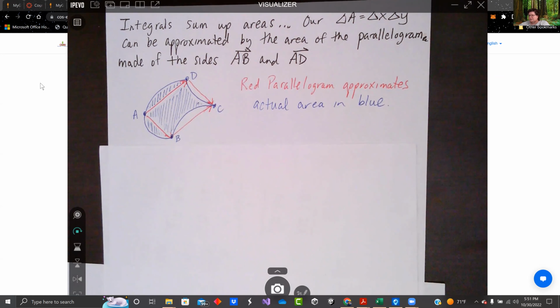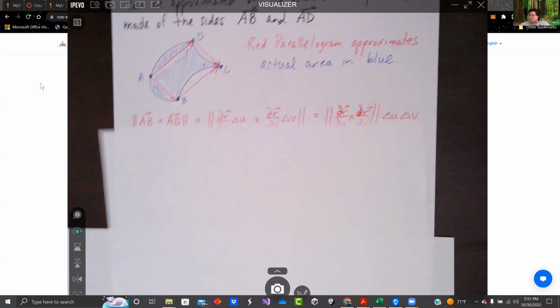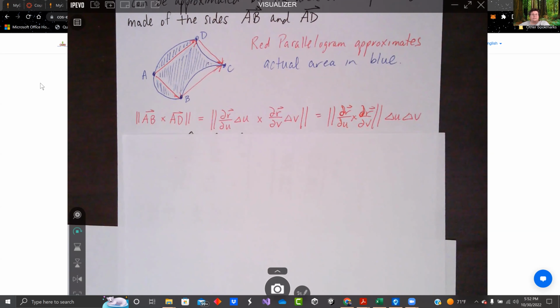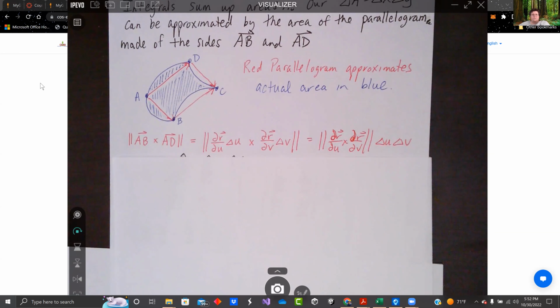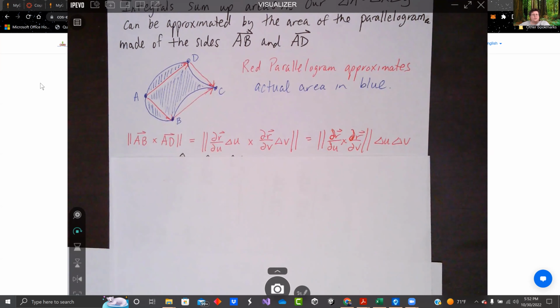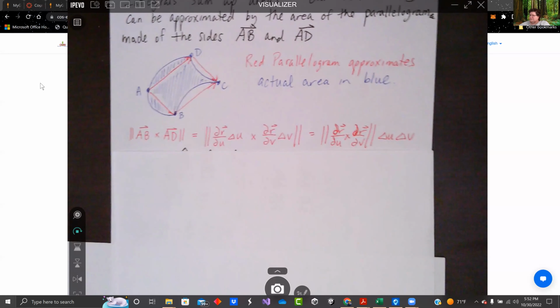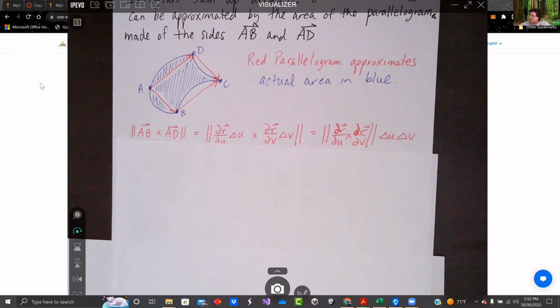How do we do that? We take the cross product and the norm of it. AB was dr/du times delta u, and AD is dr/dv times delta v. Delta u and delta v are just constants we can factor out. So we have the cross product of dr/du and dr/dv times delta u delta v.